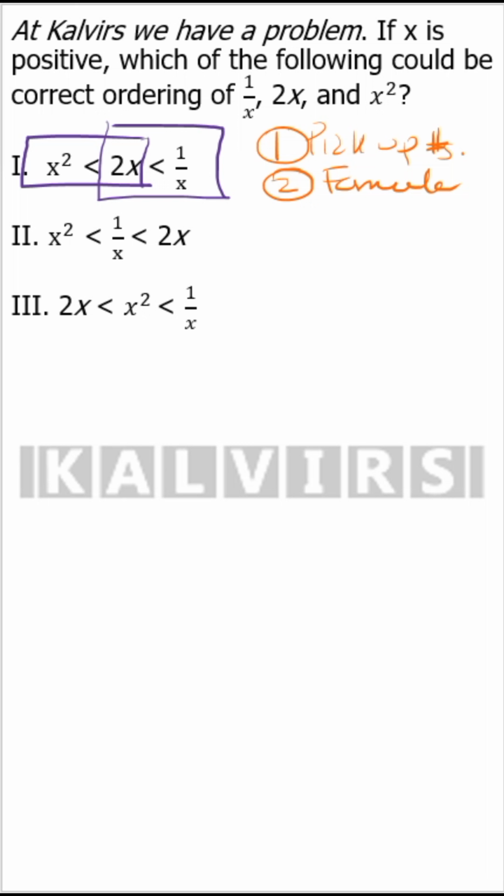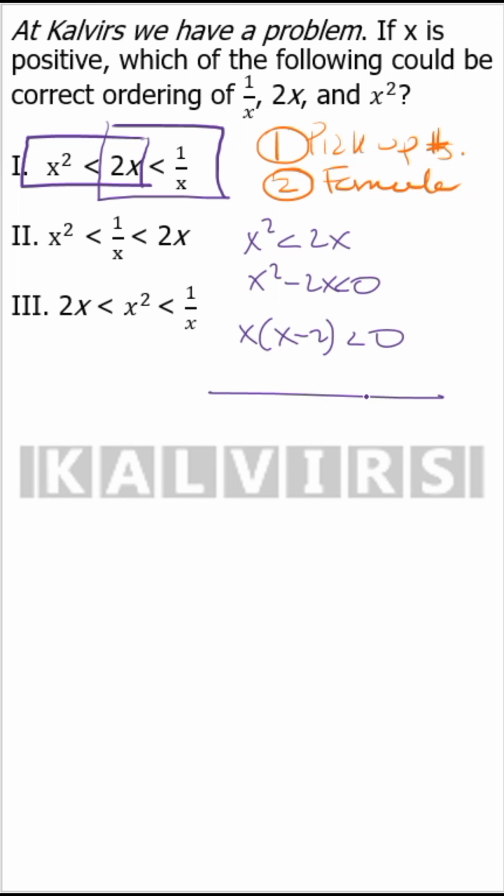The first section is x squared less than 2x. We will make our factorization, so we have x times (x minus 2) less than 0.